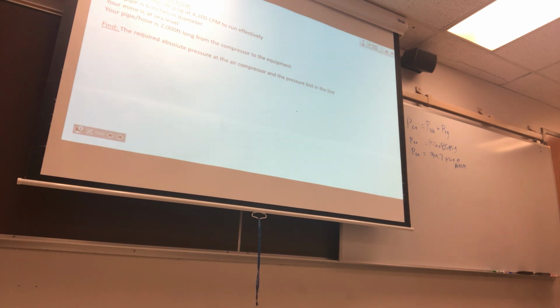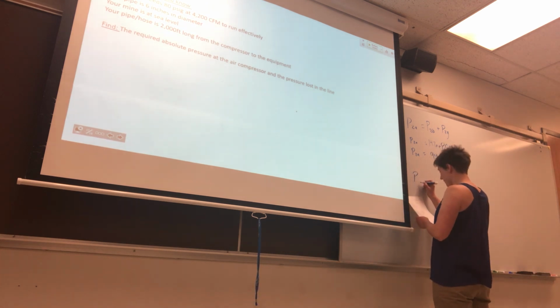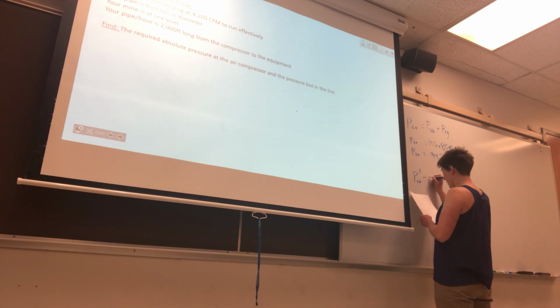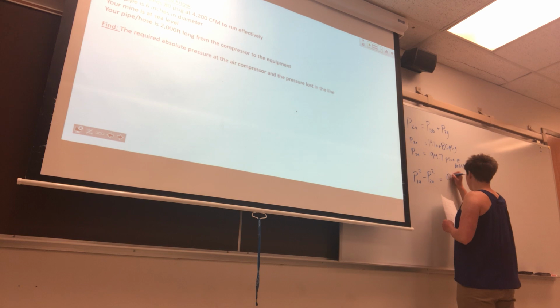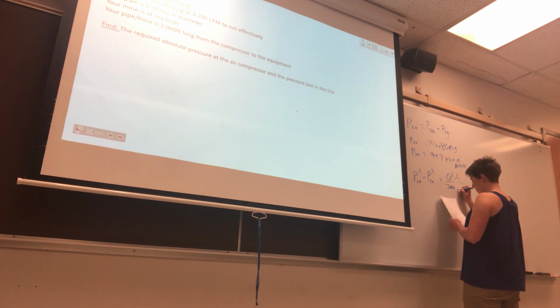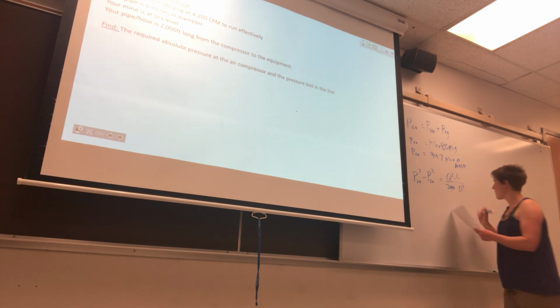Cool, we're finding things. Let's tap back to that equation that we wrote down before. So that would be our P1A squared minus P2A squared equals Q squared times the length over 2,000 times the diameter to the 5th.